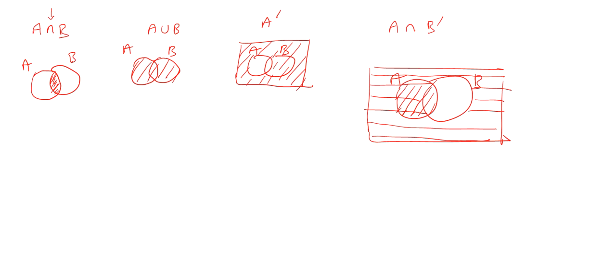So look at your diagram and see where the two shadings overlap. This area here is the overlapping region. So this represents A intersect B prime. So that'll be it for sets. Any other question, you should be able to handle it.